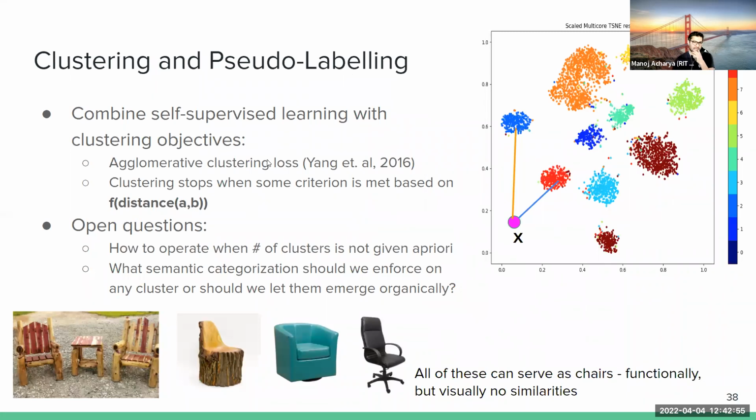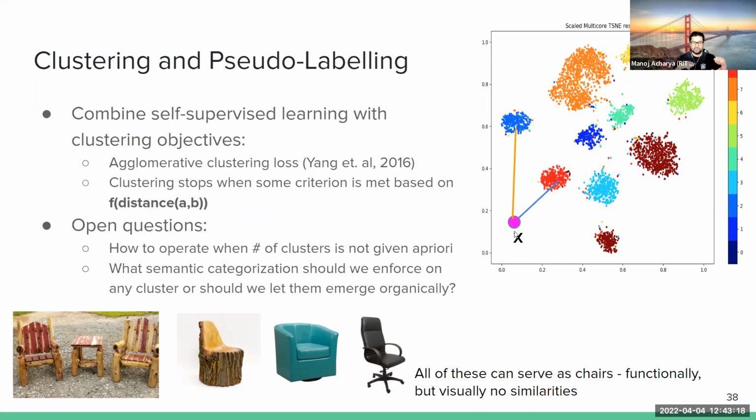The next big thing that I want to talk about, which will be very important for an open world learning system, is clustering and pseudo labeling. So once we have the unknowns and even knowns, we want to cluster them in a single space where, if a new example comes in, we want to assign it to any of these clusters, right?